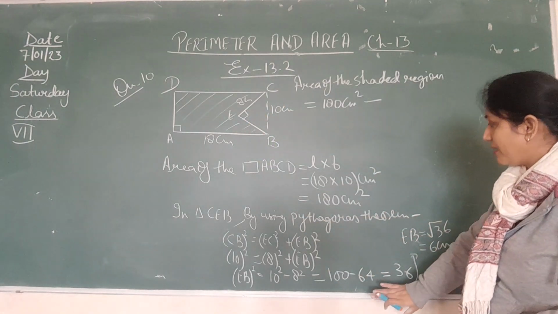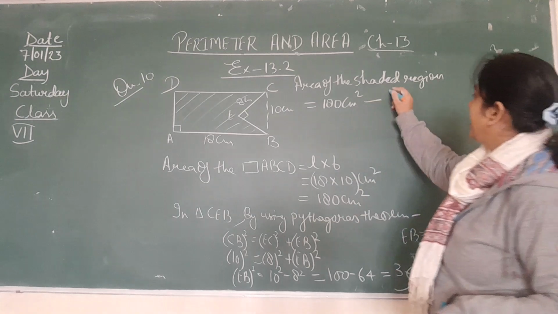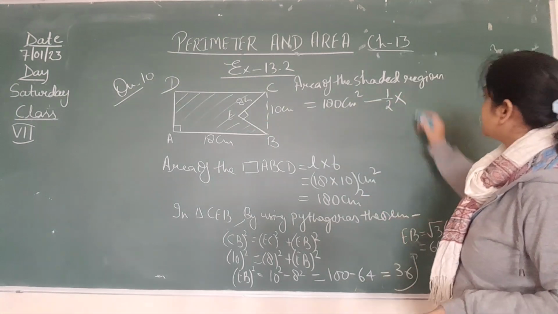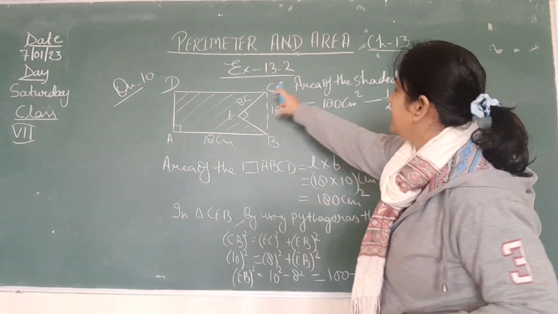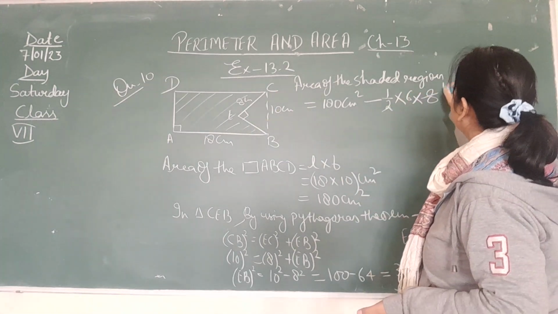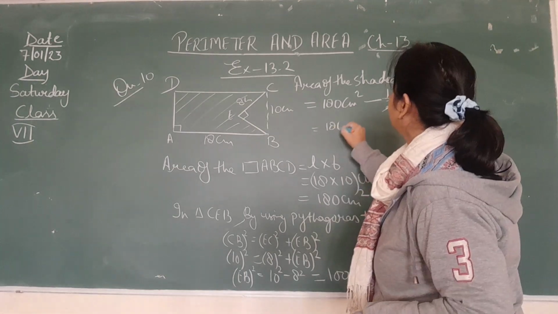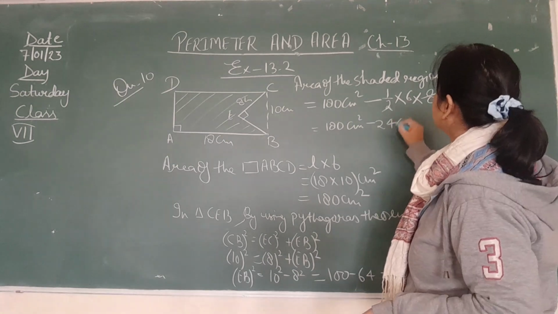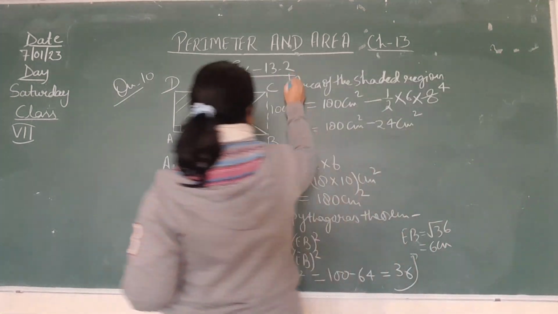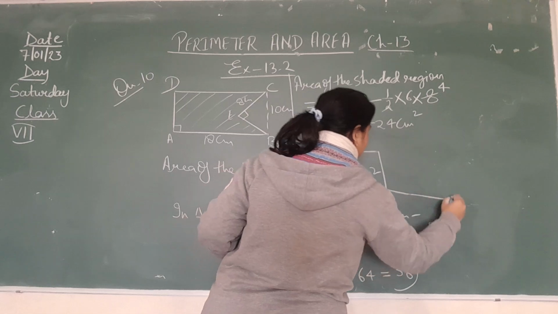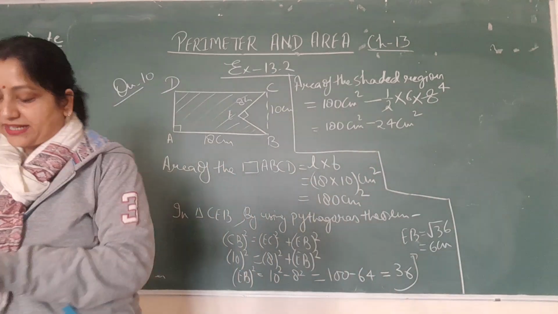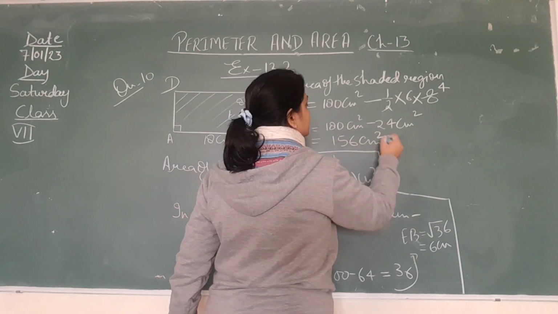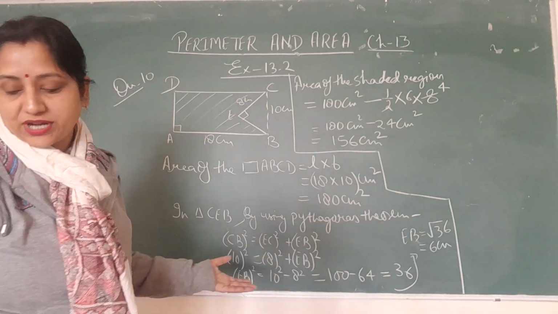We have not found that yet, so first we find 1/2 base into height. Base is EB, which is 6 centimeter, and height is 8 centimeter. 2 4s are 8. 180 centimeter square minus 24 centimeter square. After subtracting, the answer will come 156 centimeter square. So this is the solution of question number 10.